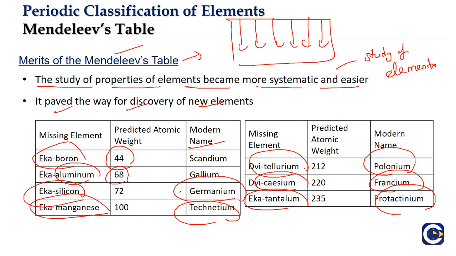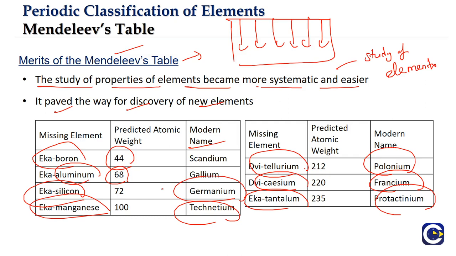We can even expect some questions on this, because if we have questions on the Mendeleev table, we will have questions either on these missing elements that he was able to predict, or on the demerits or the merits of the Mendeleev table, mostly related to the theory part of it.